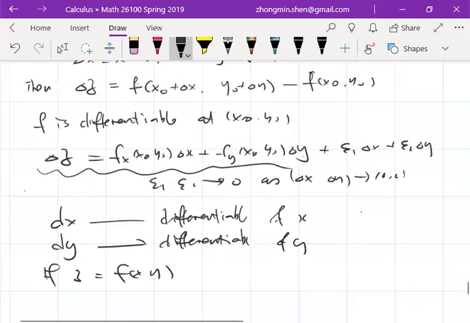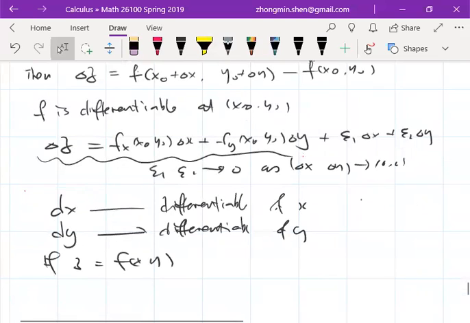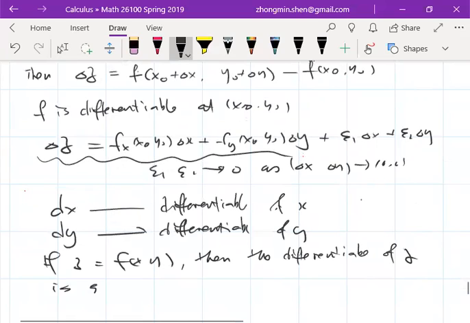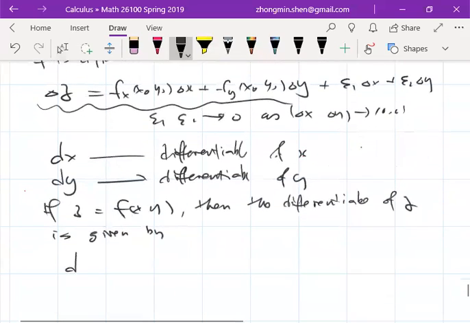And if z equals f of x, y, then the differential of z is given by the following formula. It's not arbitrary. So dz, just look at the above approximation, is going to be f sub x, replacing delta x by dx, plus f sub y dy.